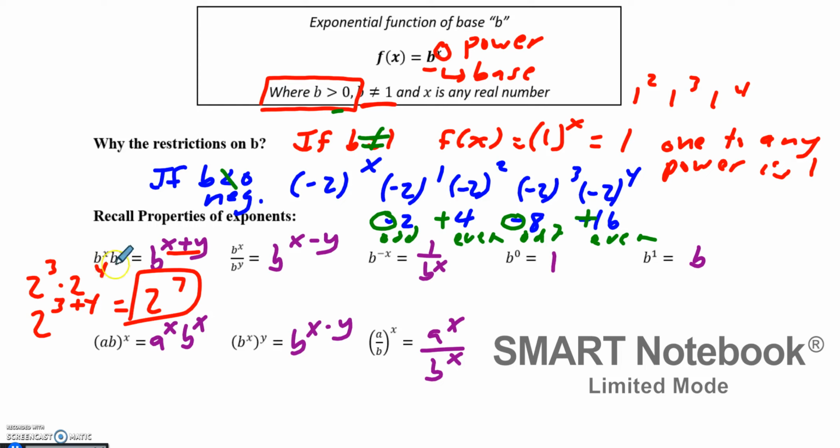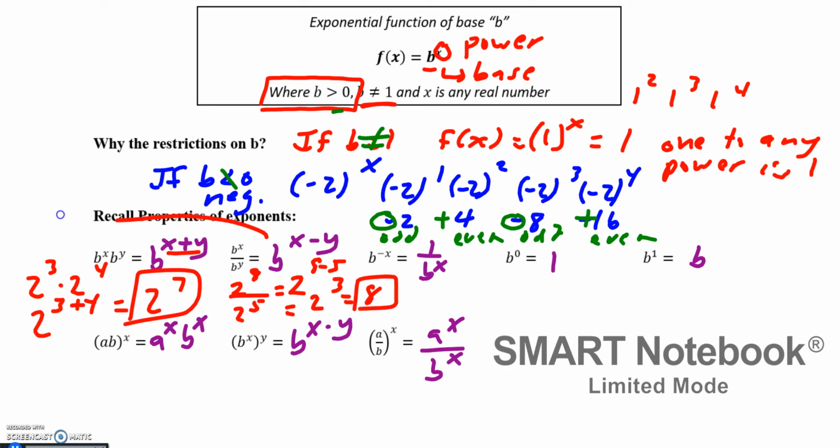If instead of multiplying the bases, you're dividing the bases, for instance, if I stuck with the base of 2, 2 to the 8th divided by 2 to the 5th power, that would really be the same as 2 to the 8 minus 5 power, or 2 to the 3rd, or if you wanted to simplify that further, just the number 8.